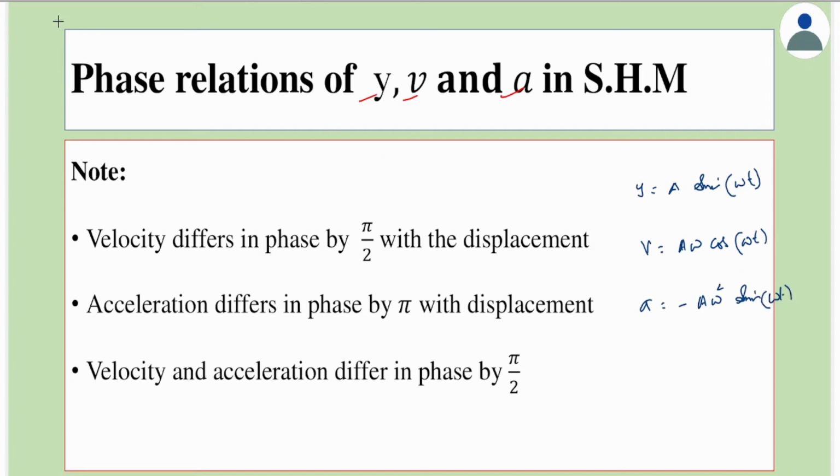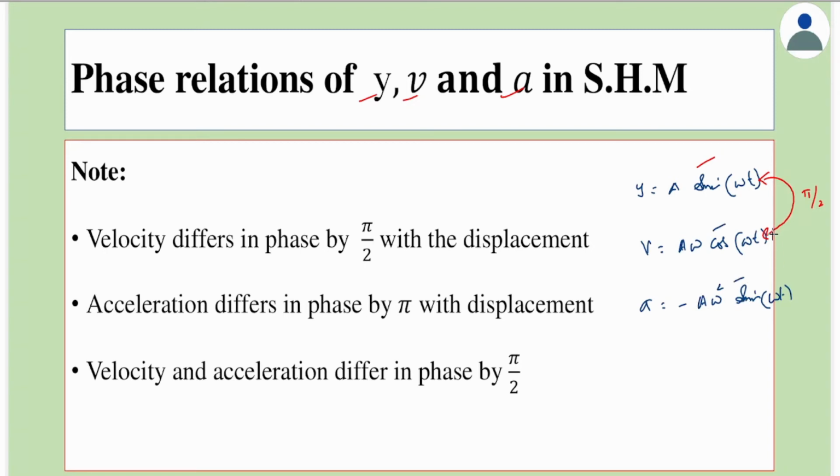If we look at expressions for displacement and velocity, displacement is a sine form and velocity is cosine form. So the phase difference between velocity and displacement would be pi by 2, because sine and cosine curves are out of phase by pi by 2. Similarly, velocity is a cosine curve and acceleration is a sine curve.